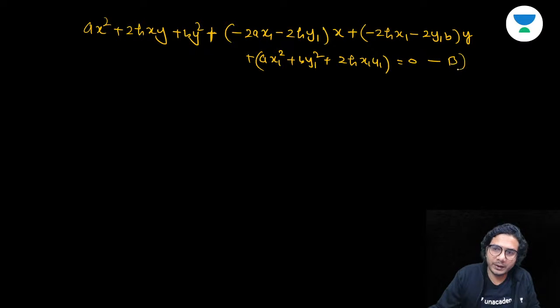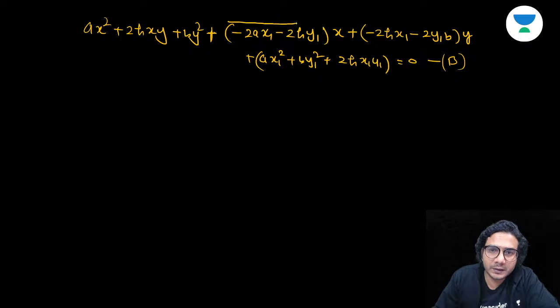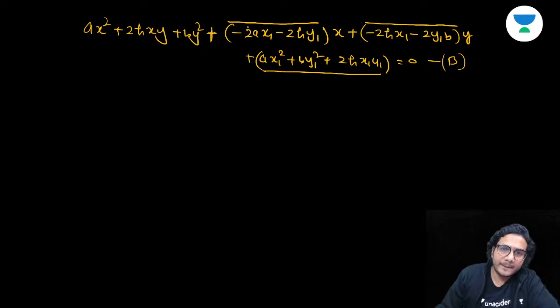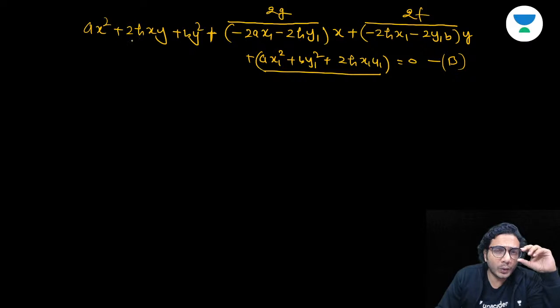This is equation B, and what I'm doing is I'm taking this term as 2g, this term as 2f, and this term as c constant. Some new variable 2g, like I have written 2h here, coefficient of xy. Similarly, coefficient of x I'm taking 2g. You can take x, y, z, anything.